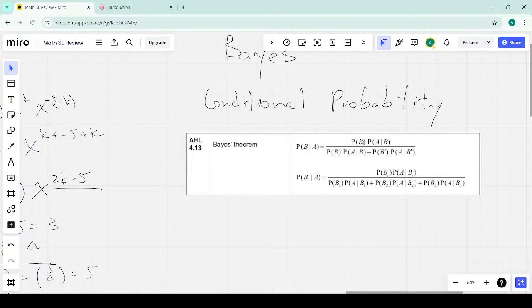So you can use this massive formula that they gave you, or you can just do it logically, right? Given that the student has no siblings, we had 50 students in total. Out of the 50, only 30 of them would have been girls.